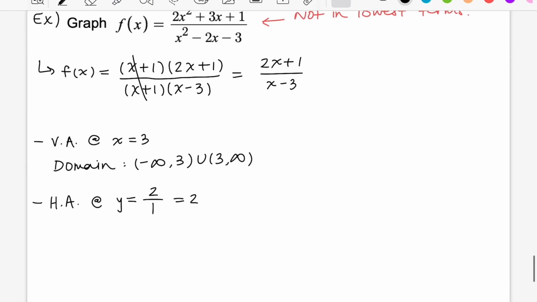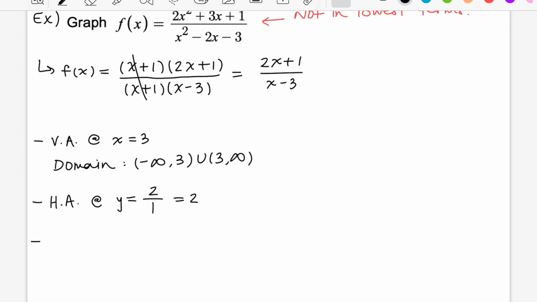All right. Now we want to find our x and y intercepts. Setting x equal to 0 in our function, we'll get negative 1/3. And so this tells us we're going to have a y-intercept at (0, -1/3).